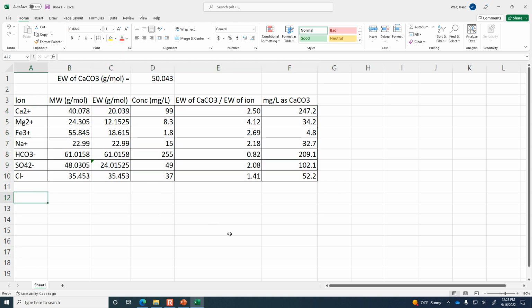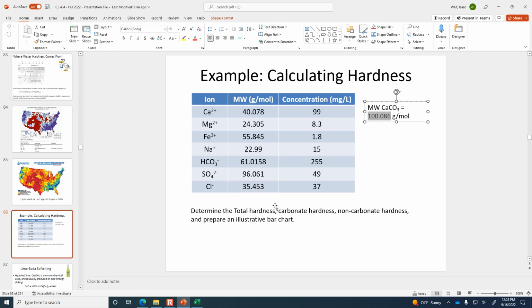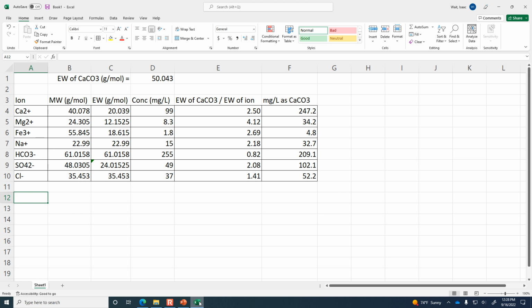All right. So we were wanting to know here, overall, what's the total hardness? Okay, so the total hardness is, remember, the sum of the polyvalent cations. So we're going to add together the calcium, the magnesium, and the iron, because they all have a charge of greater than 1.